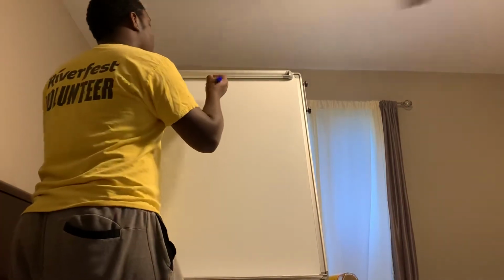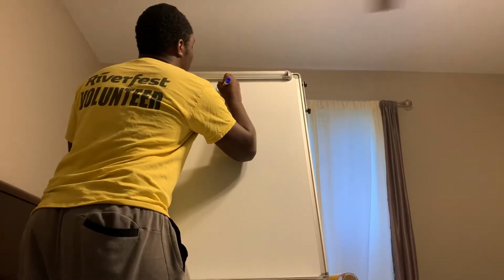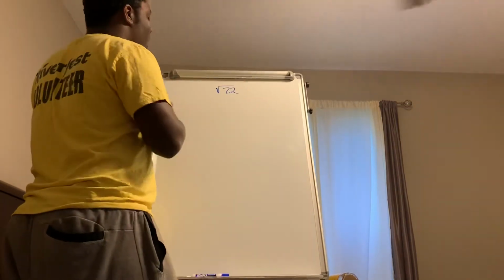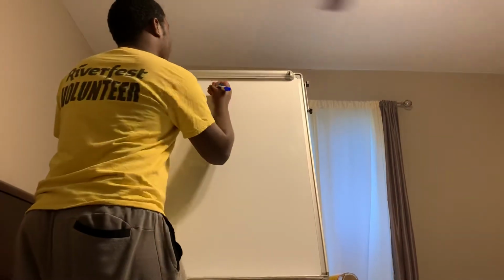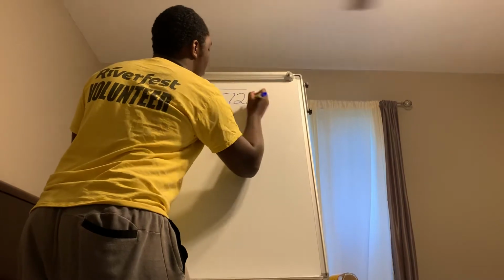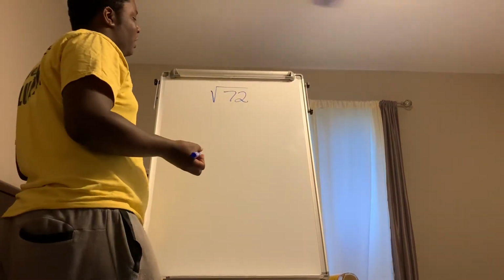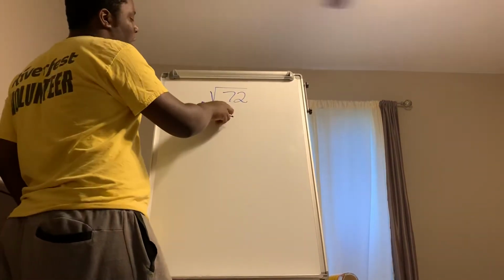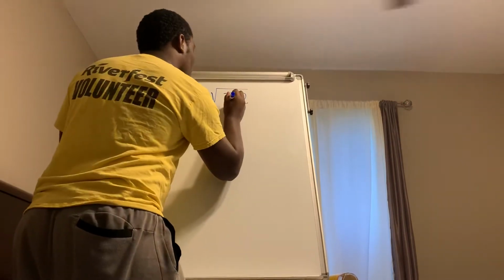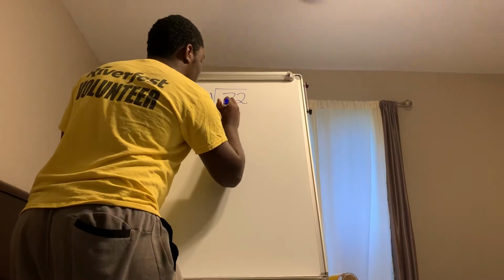Next we have the square root of 72. Make it larger. The square root of 72. Okay, so from prior knowledge, we know that there is a 4 in here. So we're going to go ahead and pull the square root of 4 out.